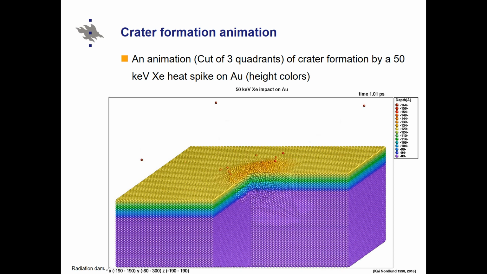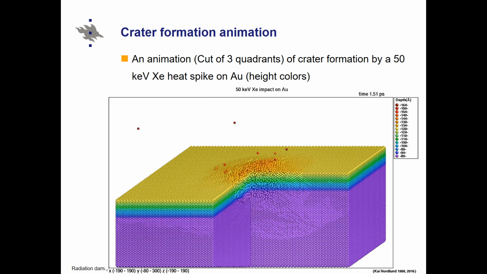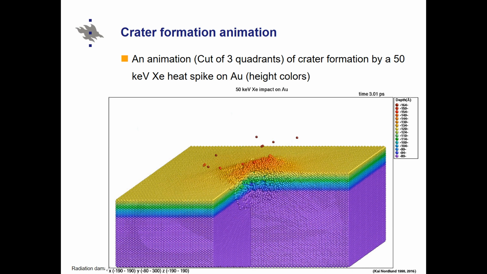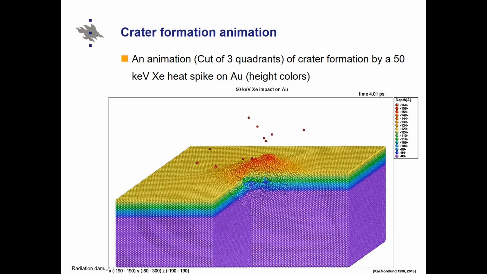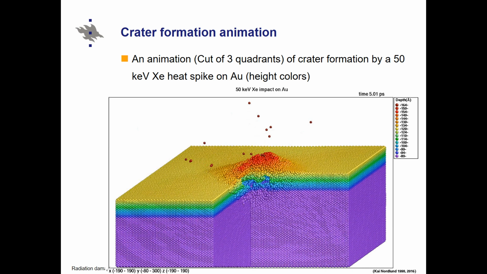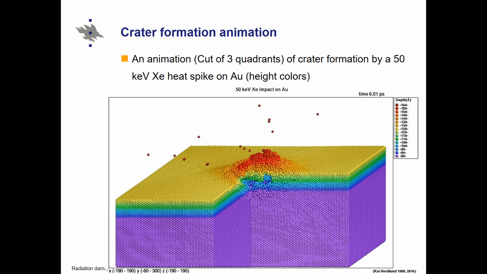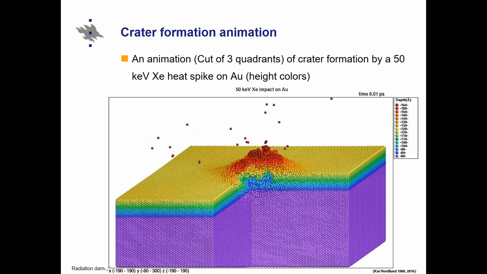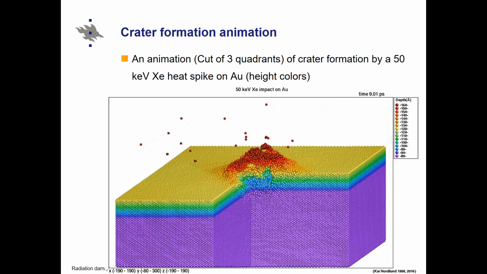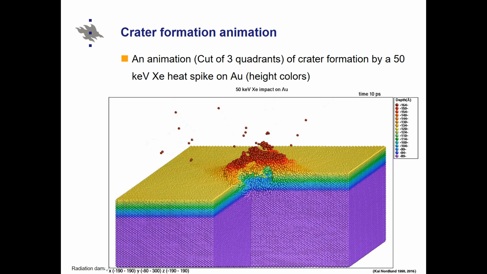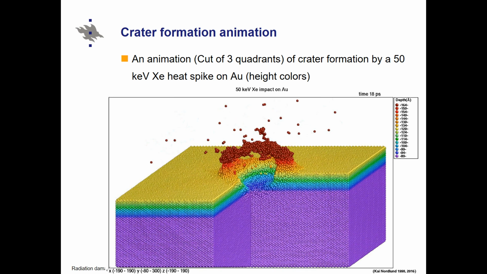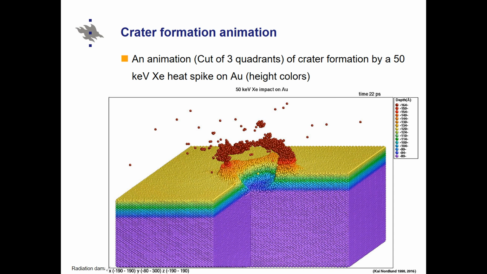Here you get formation of the heat spike, and after a while the heat spike flows to the surface, and these atoms flow to the surface in a rather complicated manner. For a moment one has a bridge-like structure here, where a bridge forms on two sides, but this bridge is obviously not stable.